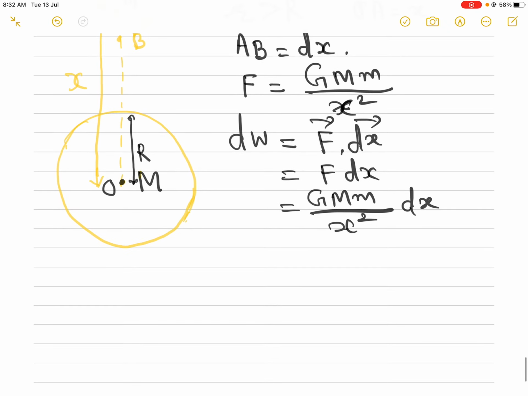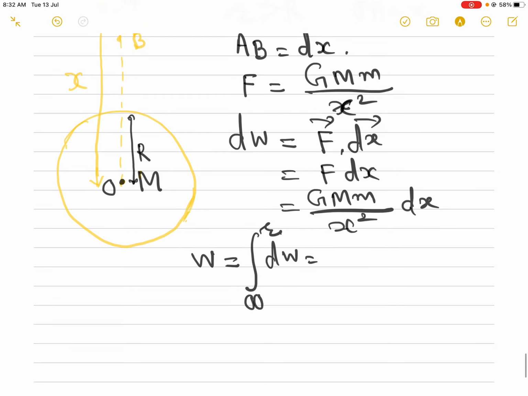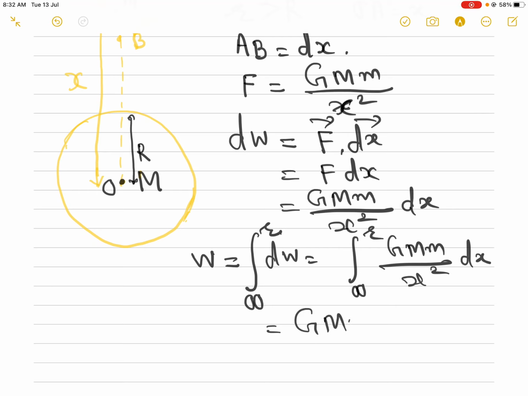So, now we want to find the total work done from bringing the body from infinity to that point, which is at distance small r. It will be integral from infinity to r of G M m by x square dx. G M m is constant, x to the power minus 2 dx.